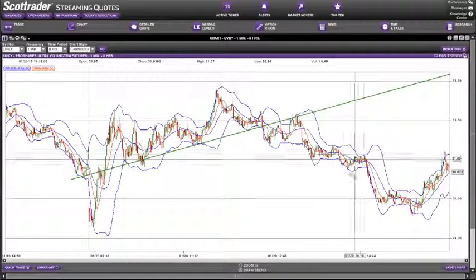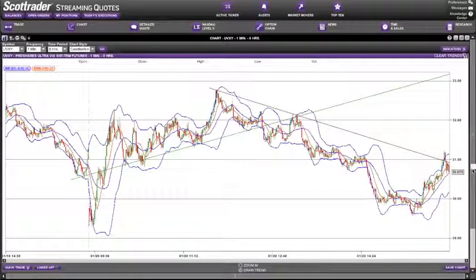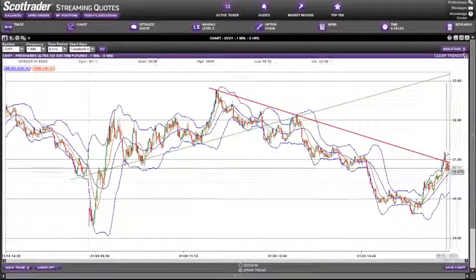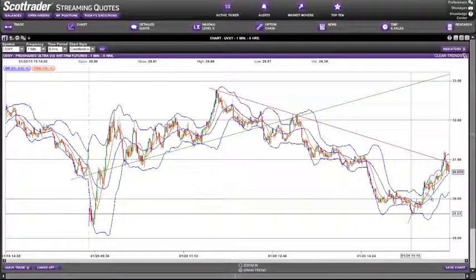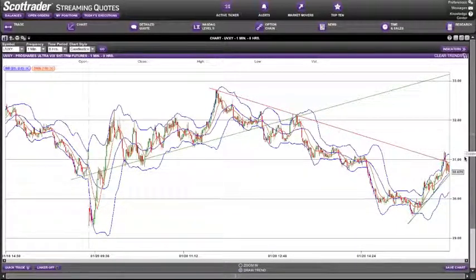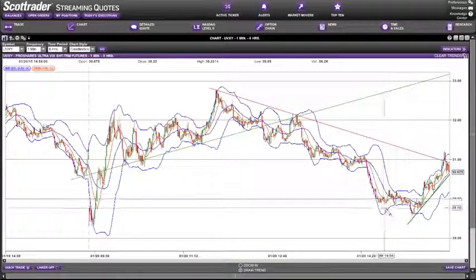Charting the UVXY is like charting impossibility, I thought, but sometimes it tends to make a lot of sense. And this looks very bullish on UVXY. Yeah, there's a big target out there, 33.